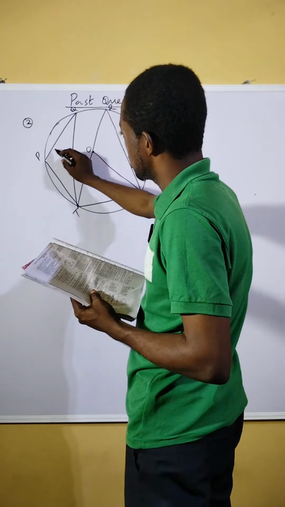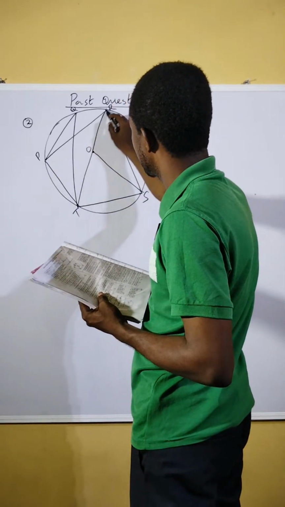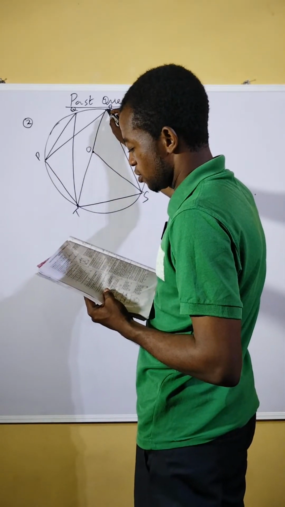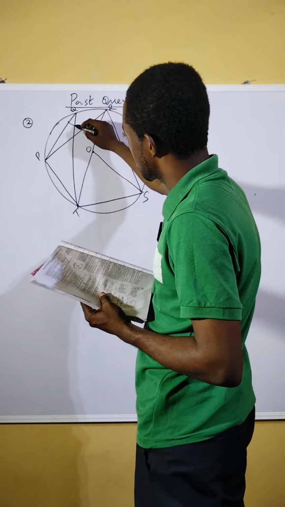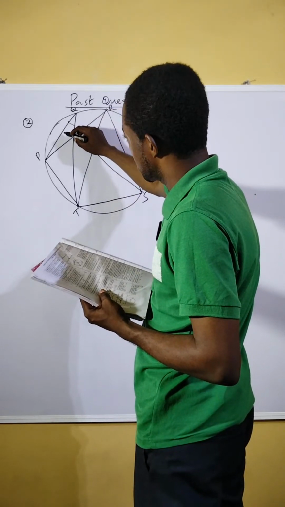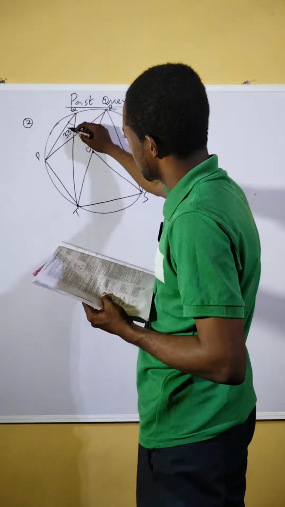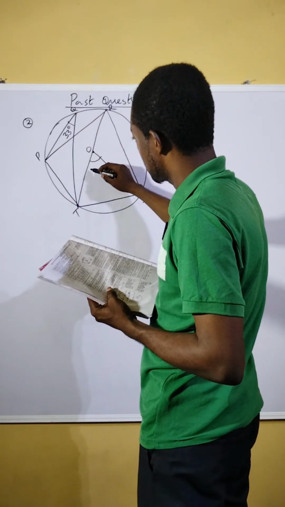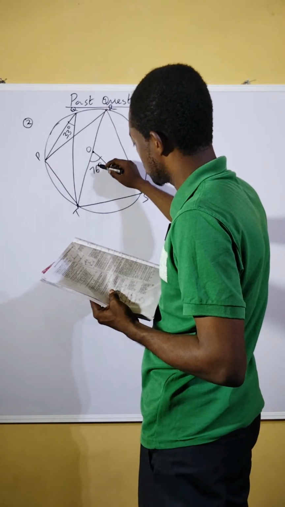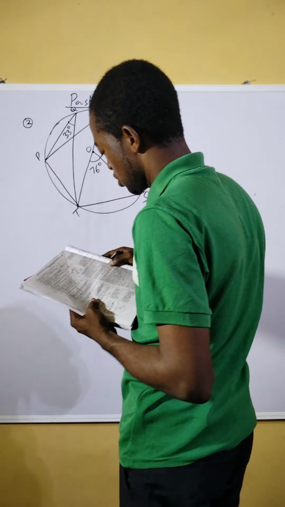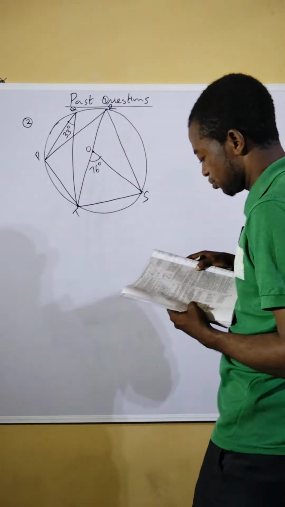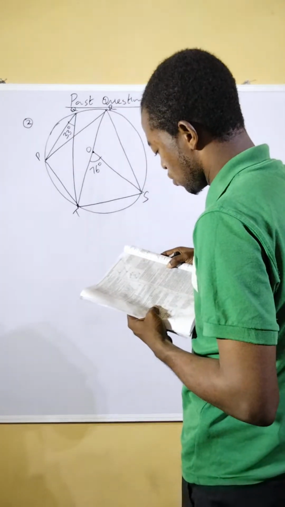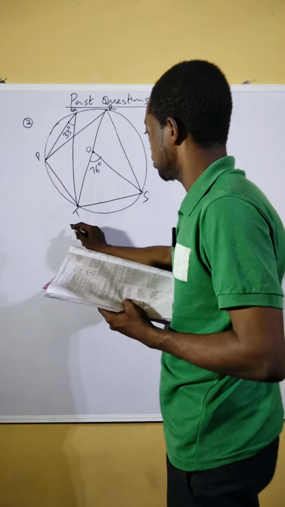And then this line P here is joined to line R. And we are given this angle here as 33 degrees. Then this angle here as 76 degrees. Now the question says we should find the size of angle PTR.